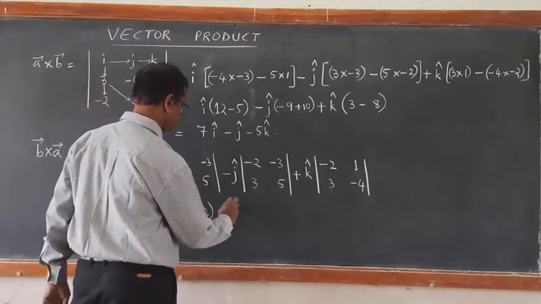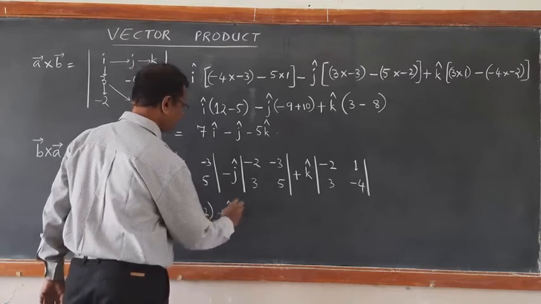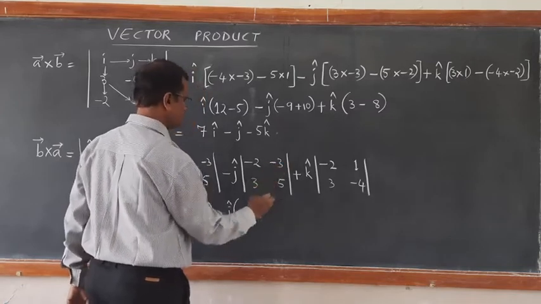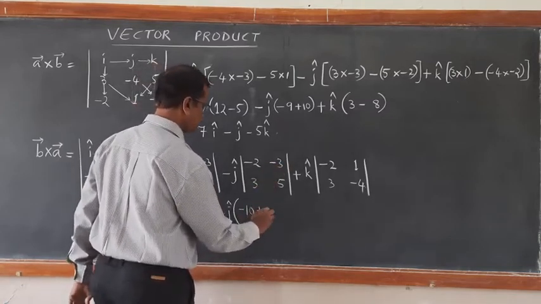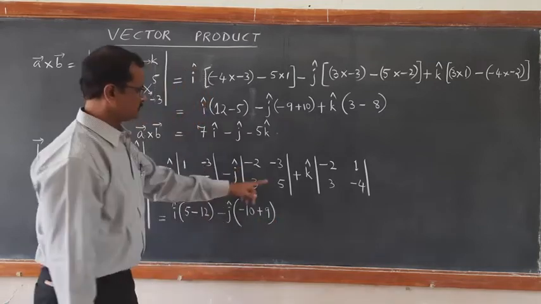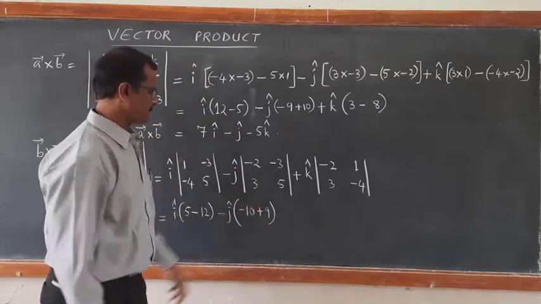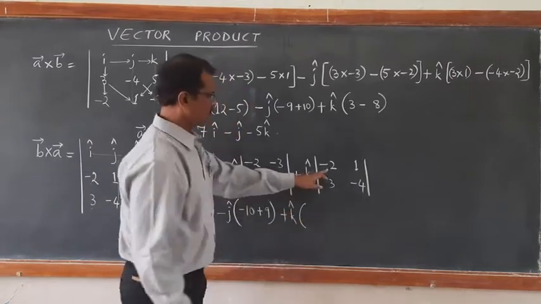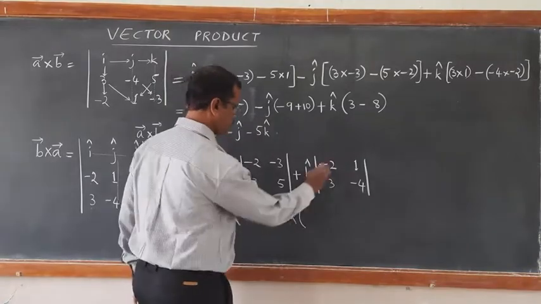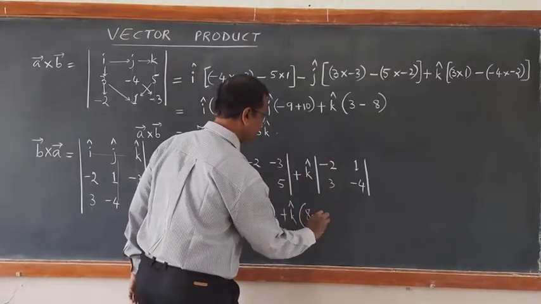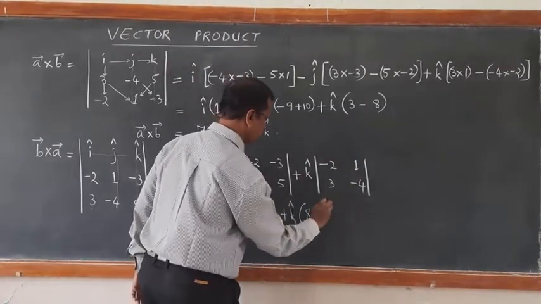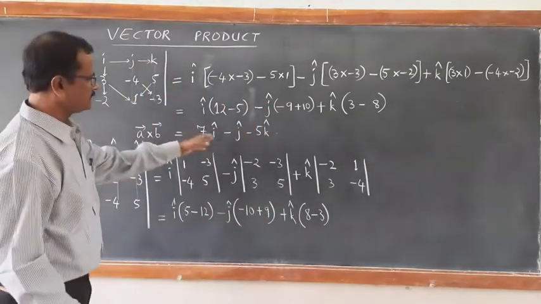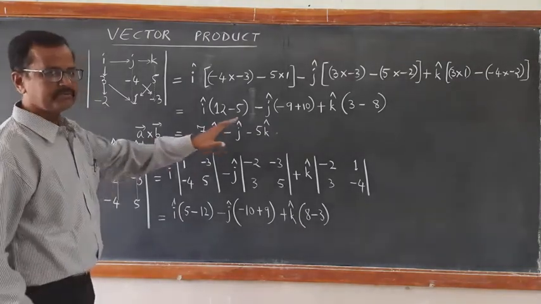Minus j. 5 2s are minus 10, minus 3 3s are minus 9. Minus of minus becomes plus 9. Minus 10, minus of minus plus 9. Plus k into minus of minus plus 4 2s are 8. Minus 3. Now you can see this vector is going to be exactly minus of A cross B.